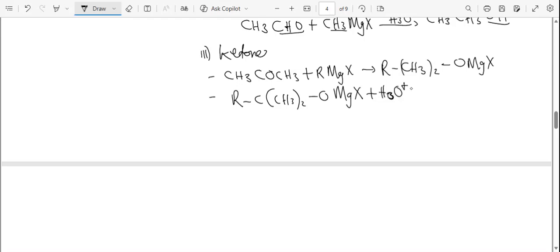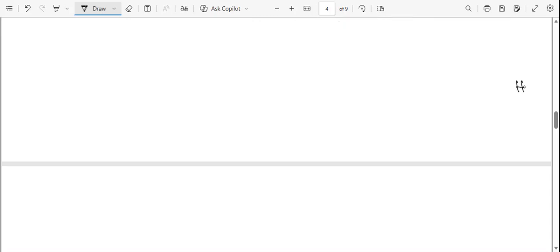So we say 3. Then what will happen is that these guys, they're already bonded there, so since there's the presence of a base, this guy will come there and attach the hydrogen. So what you are going to form is R, C, open bracket CH3, 2. Then this one now, they will use hydrogen from hydronium and make an alcohol. So that's how they will form this.